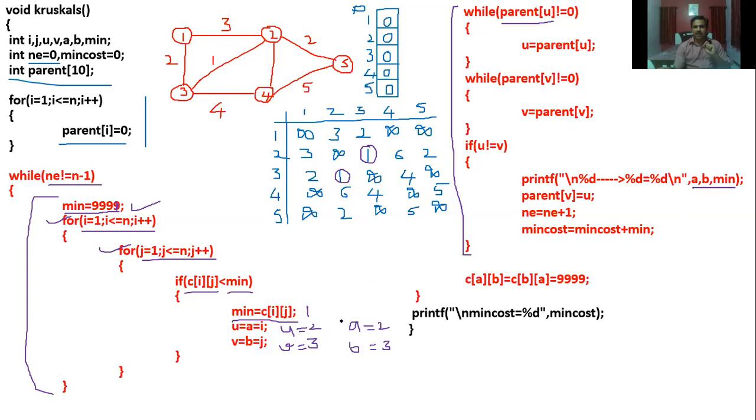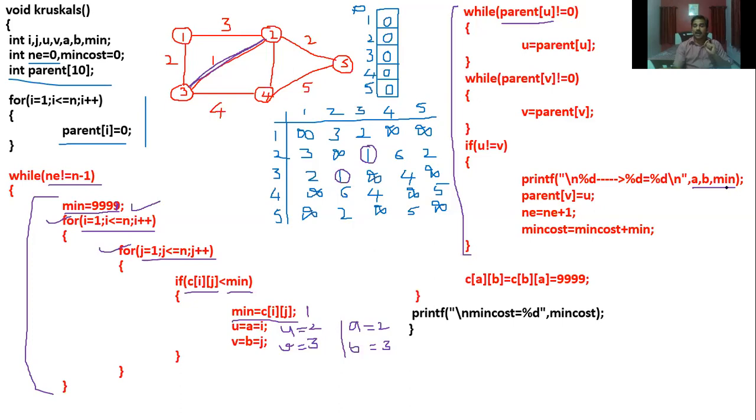A and B, a copy of that I'm putting here. See, U and V, a replica, I'm keeping in other variables, A and B. Okay. So consider the edge AB. That is 2, 3. I am writing it in a purple line. This is one of the edges of your spanning tree, and its minimum cost should be printed.